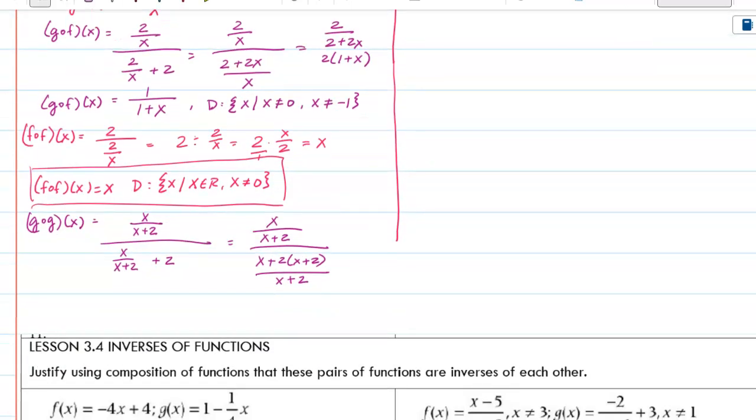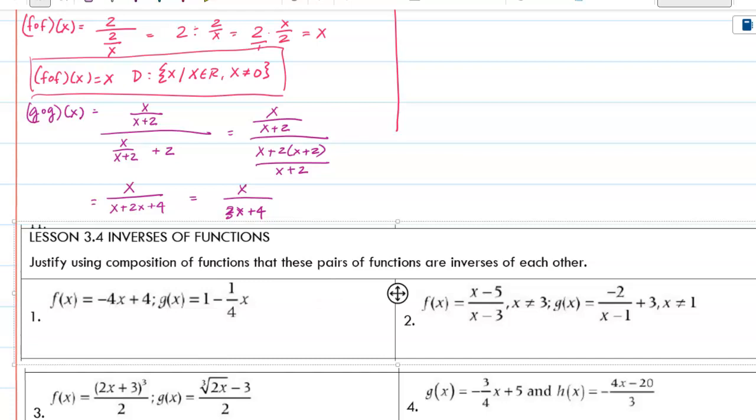The numerator and denominators are the same, so I can actually cancel them out. I get x over x plus 2x plus 4, which equals x over 3x plus 4.